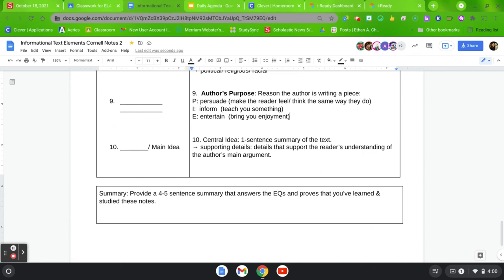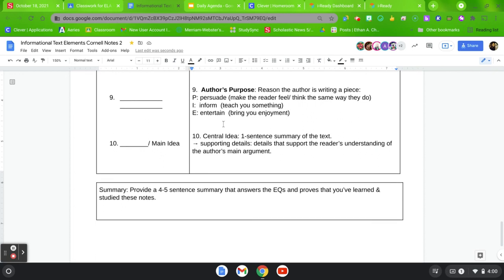Are they trying to persuade you? Are they trying to make the reader think and feel the same way that they do? Are they simply trying to inform you? Informational text should try to limit its bias. We want to stay balanced. Or is it just trying to entertain you and bring you enjoyment?